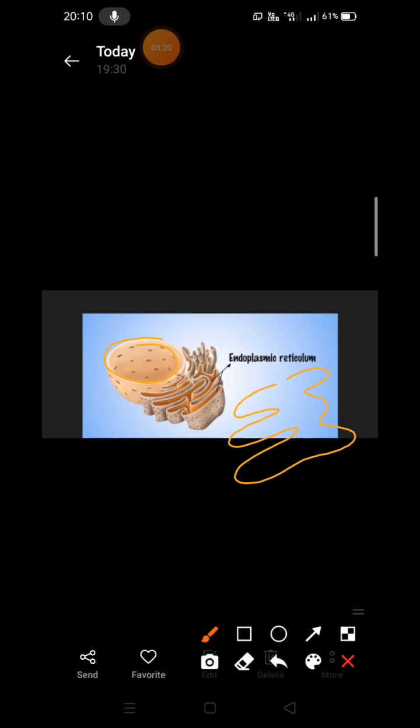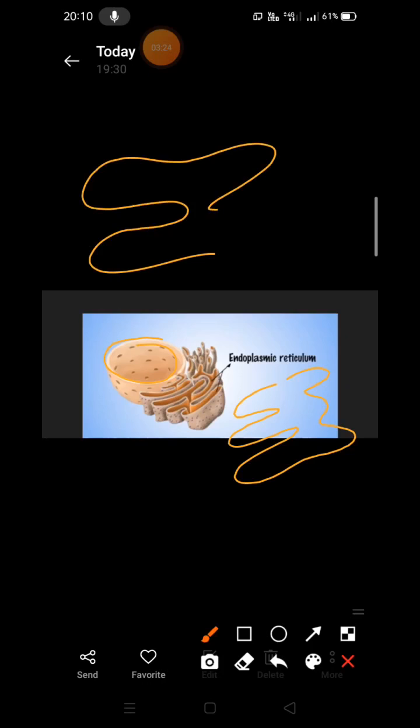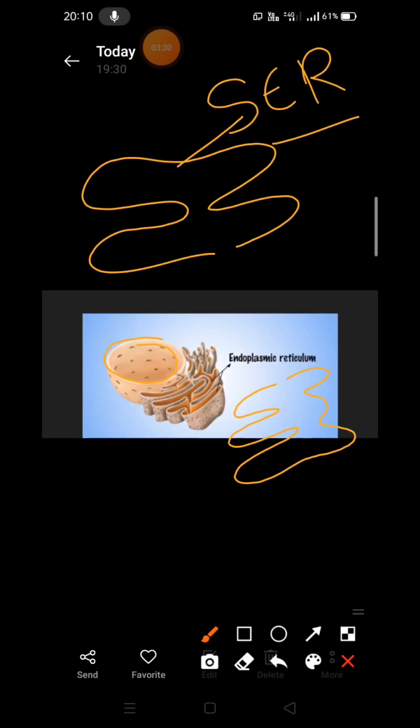If they are without ribosomes, like this, then they are known as smooth endoplasmic reticulum. And if they have this dot like structure present on their boundary, then this type is called rough endoplasmic reticulum.